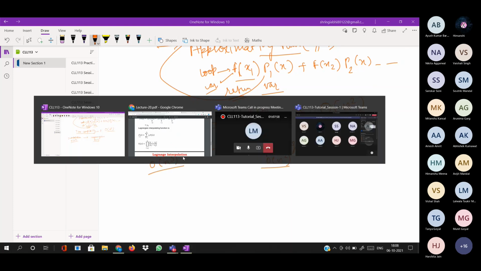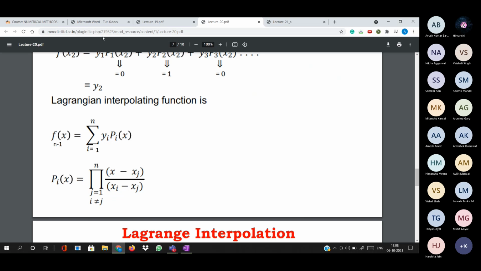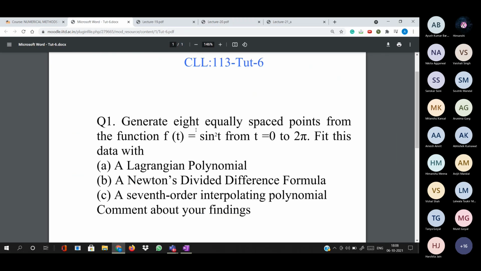So the third method which we have to analyze, as given in the tutorial, is Newton's divided difference.